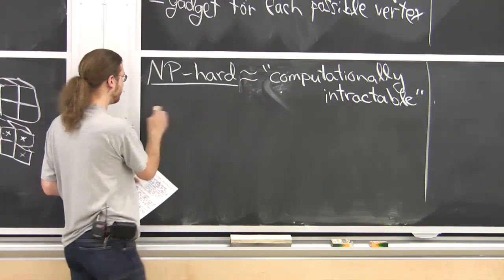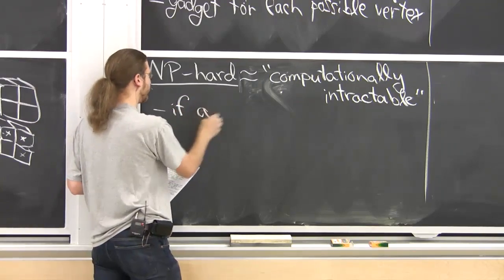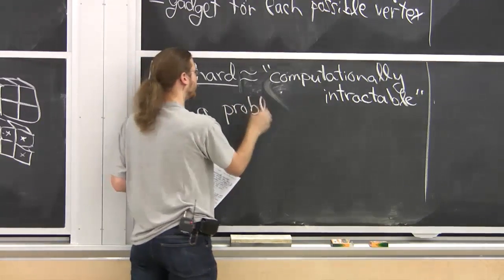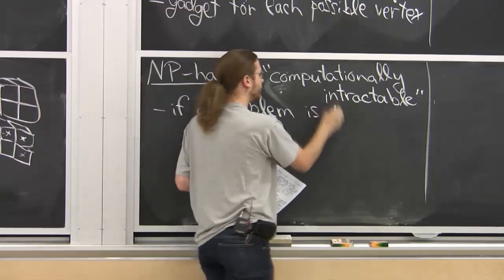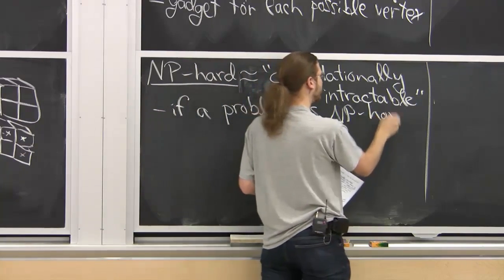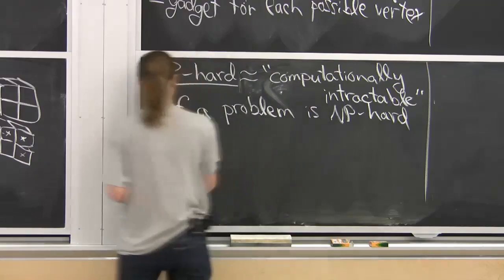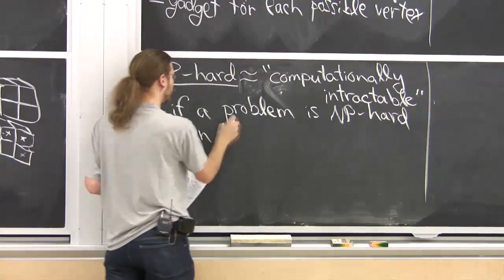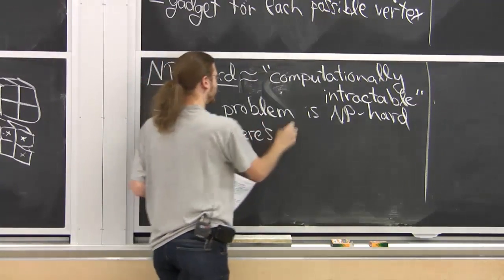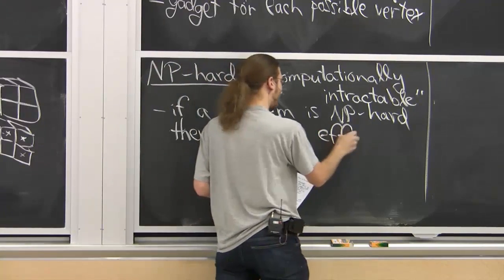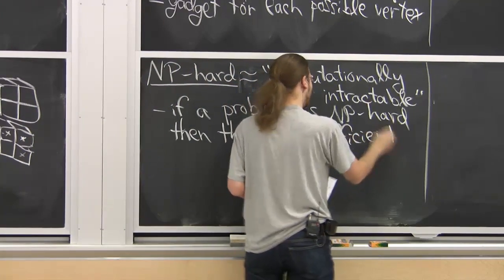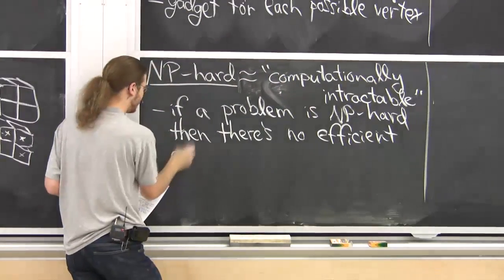But what it really means, or what it really implies, is that if a problem is NP-hard, then there's no efficient algorithm. I wish we could just say that, but there's a slight catch.